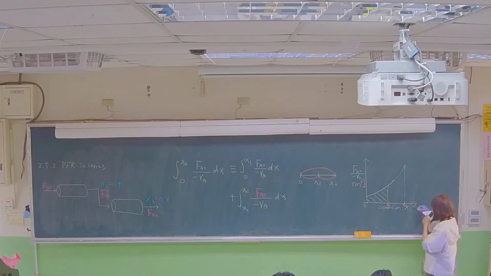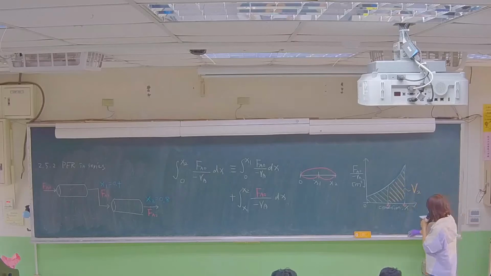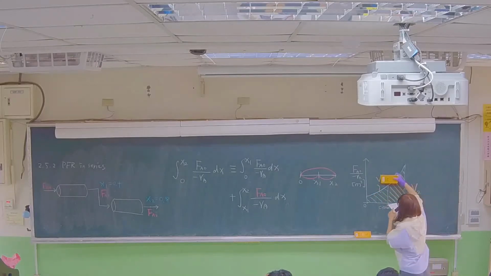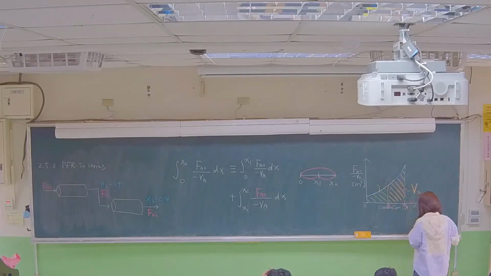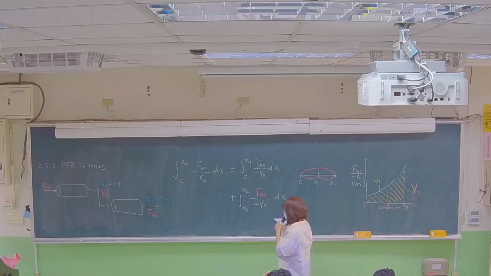So how about the volume for the second reactor? This one is the volume for the second reactor. This one is the volume for the first reactor. So you can compare this figure with this formula, okay?